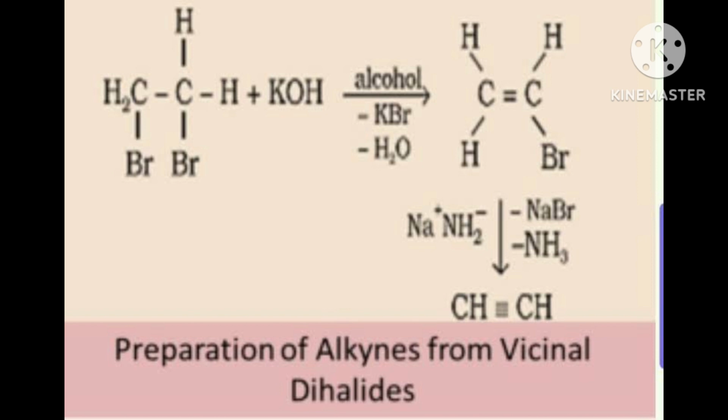And again, alkynes are weakly polar in nature. Alkyne means R-C triple bond C-H: acetylene is CH triple bond CH, then one H goes and in its place R, an alkyl group, comes.